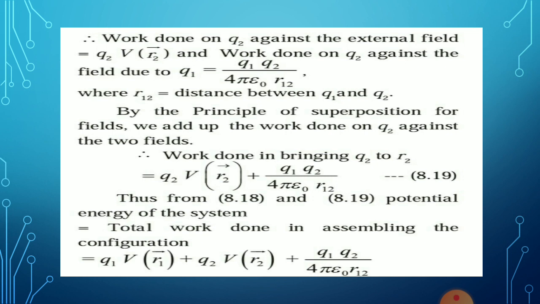Thus, from equation 8.18 and equation 8.19, potential energy of the system equal to total work done in assembling the configuration equal to Q1 V of r1 bar plus Q2 V of r2 bar plus Q1 into Q2 upon 4 pi epsilon 0 into r12.